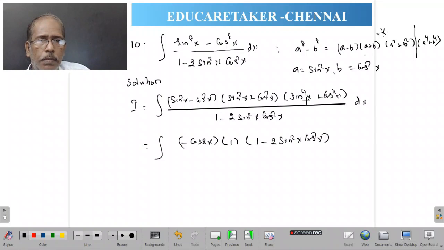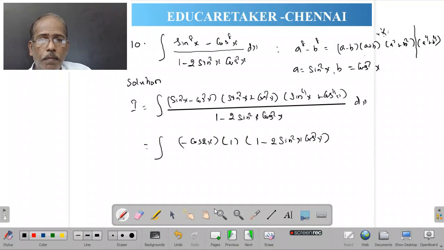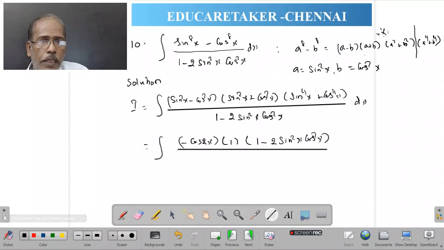Remember, sin power 4x plus cos power 4x is nothing but 1 minus 2 sin square x cos square x. Then the denominator is retained without any change.